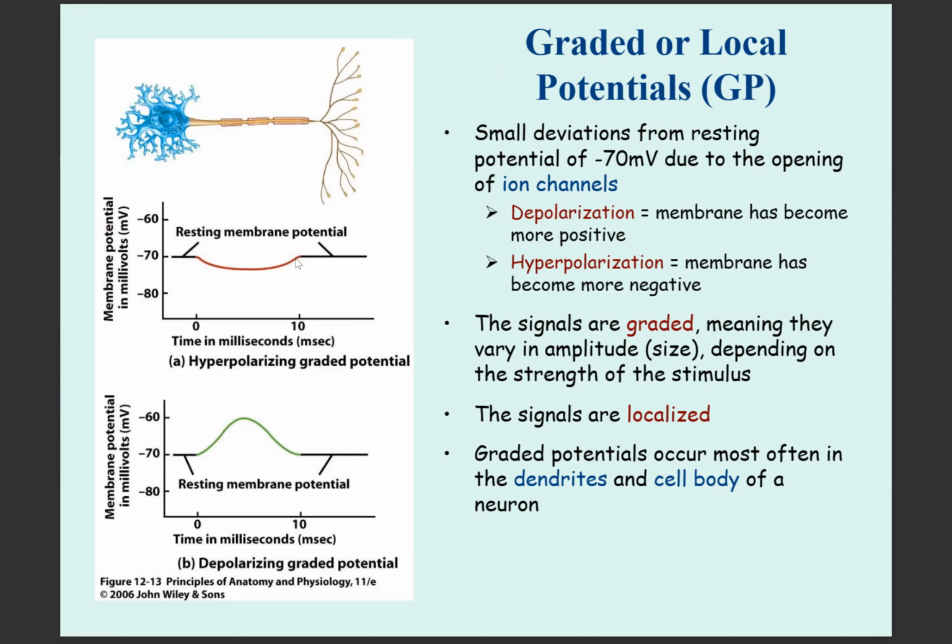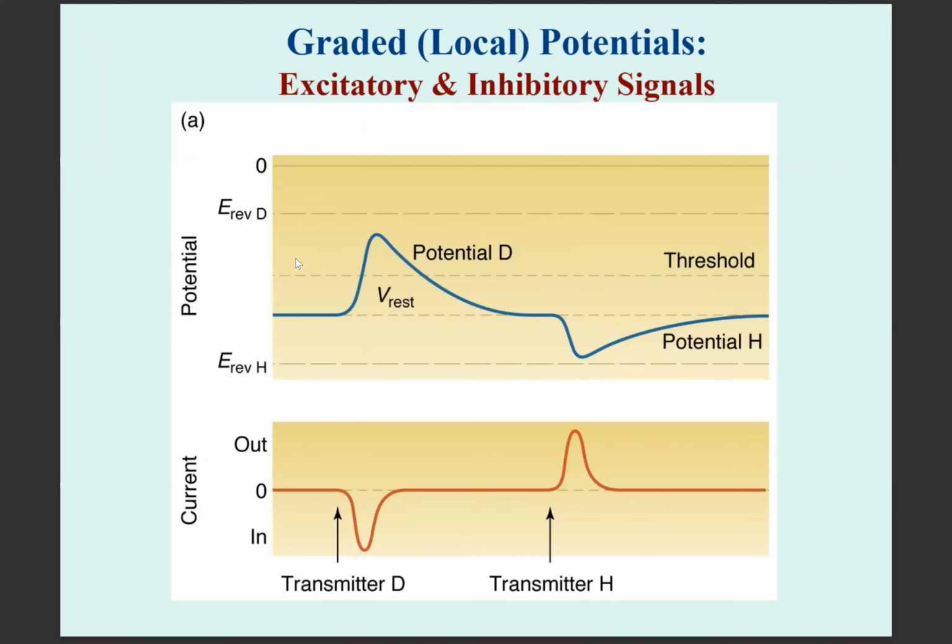We say the signals are graded because they vary in amplitude depending on the strength of the stimulus, and the signals can also be localized.